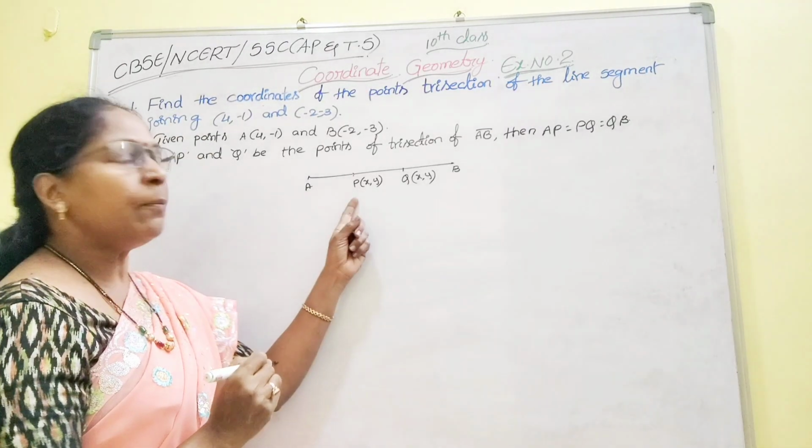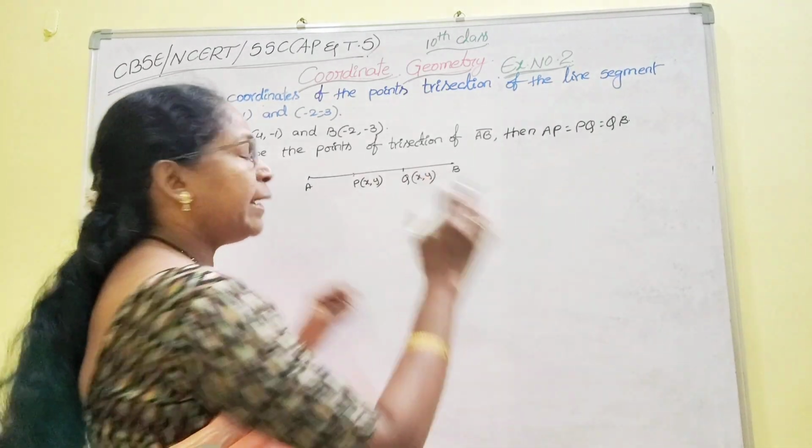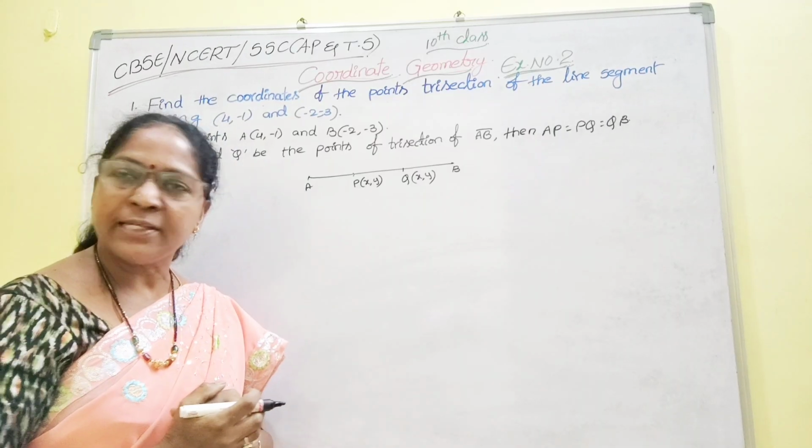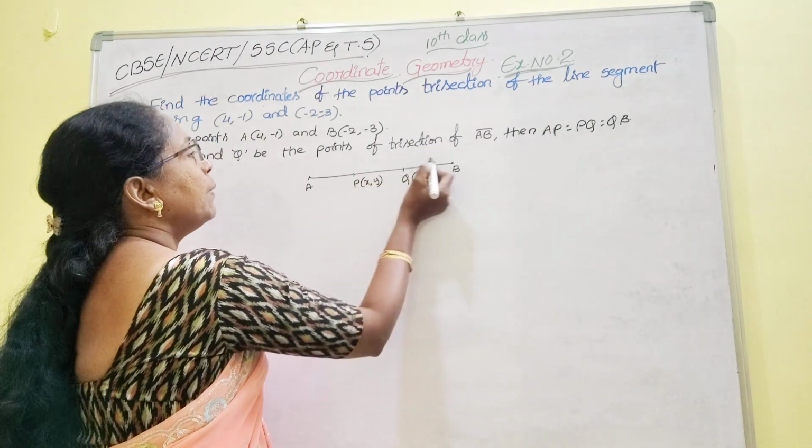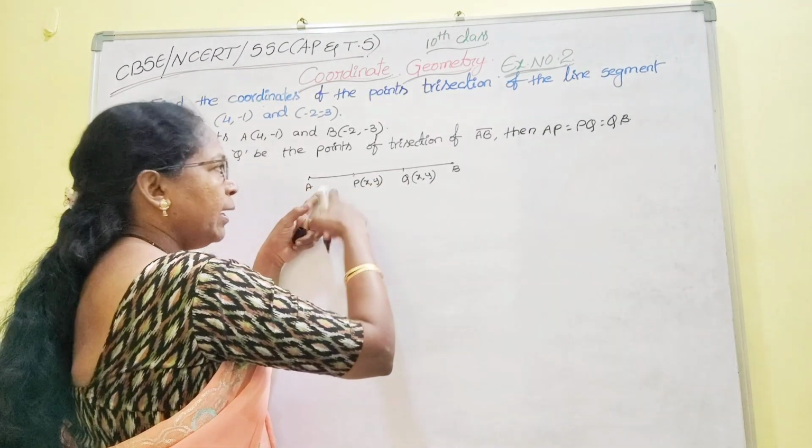So here P point divides this line segment AB in the ratio. Which ratio? Suppose first part, second part, third part. Here for P, first 1 part, next 2 parts.